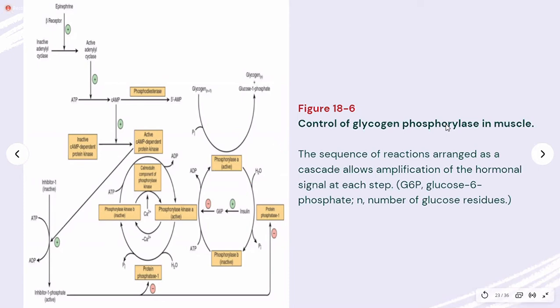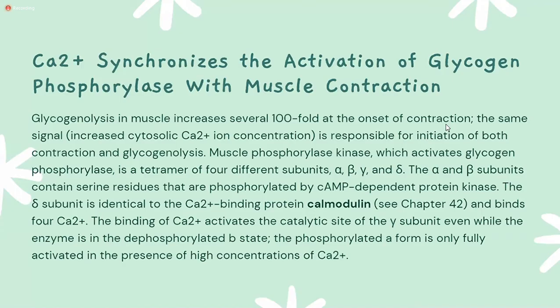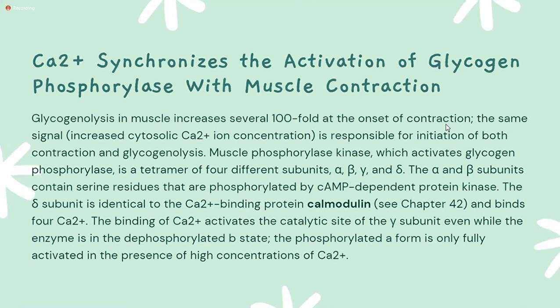I already gave you the idea when we had glycogenesis, glycogenolysis, and its control. Calcium synchronizes the activation of glycogen phosphorylase with muscle contraction.